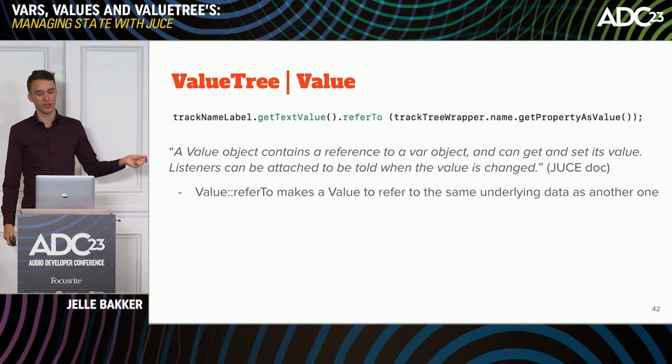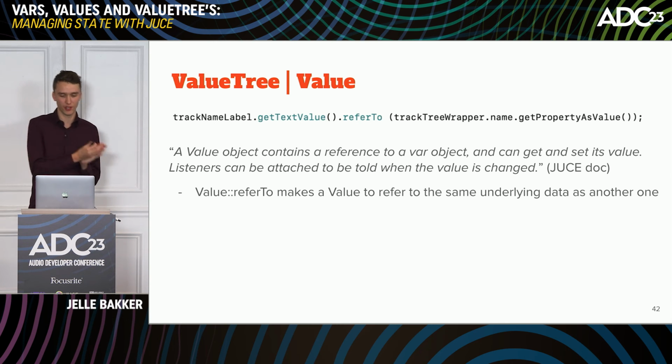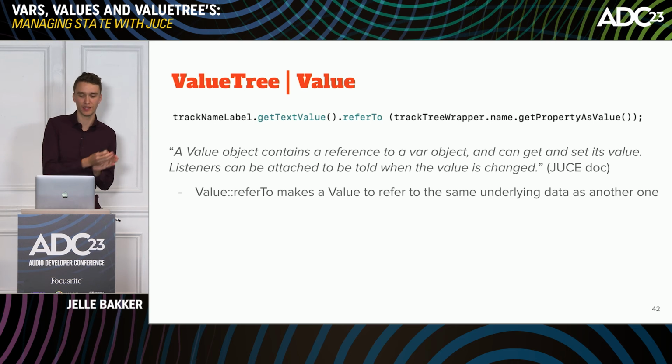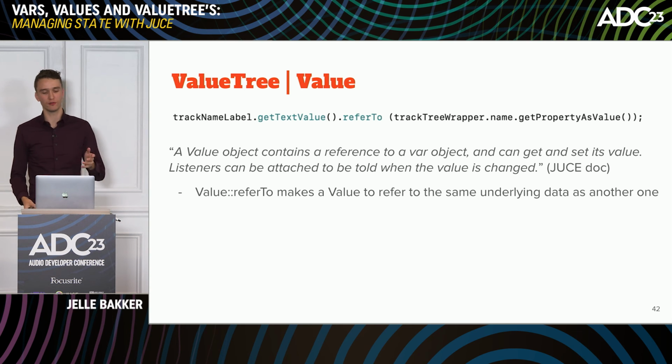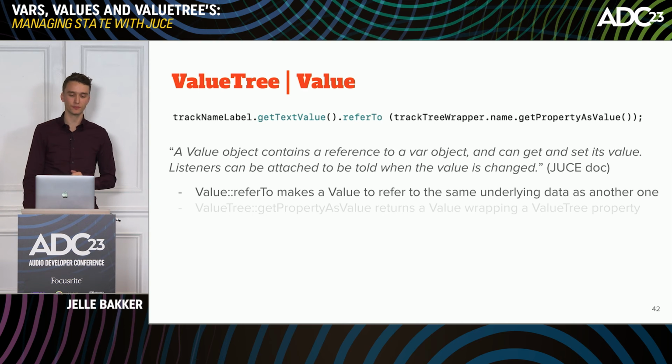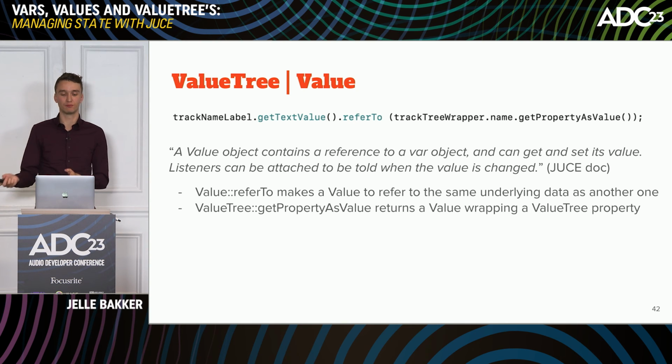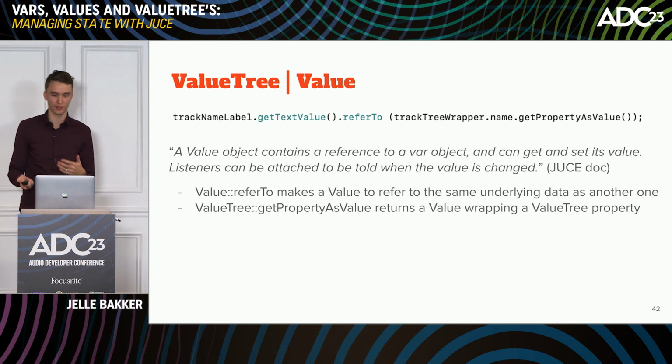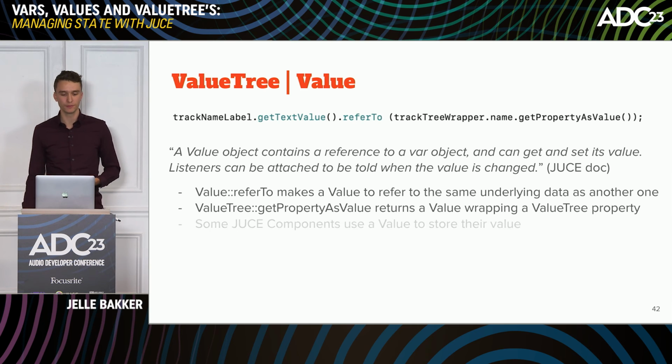And you can use the value refer to make one value refer to the same data as another value. So you can have your label easily refer to the value in the value tree. And the value tree has get property as value, to return some property as a value. And I believe the cached value also has a function to get the cached value as a value.